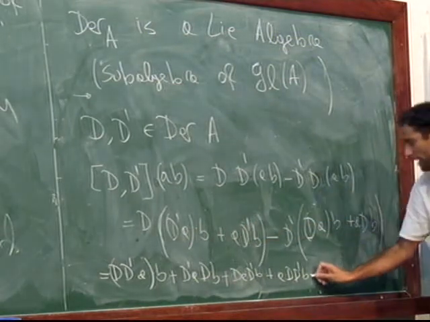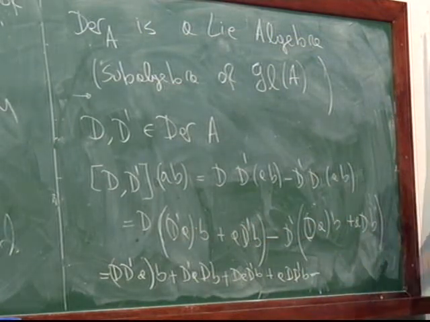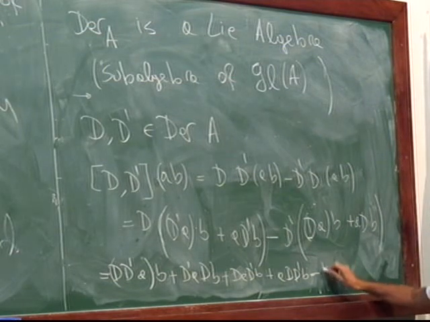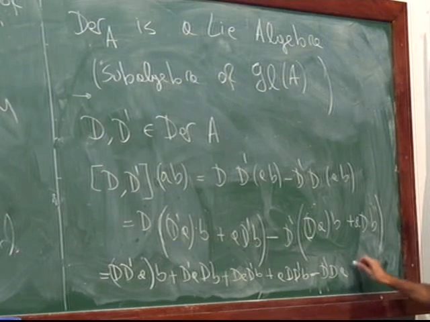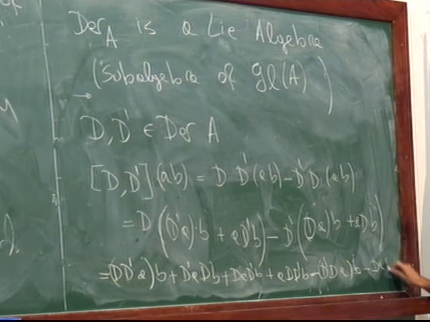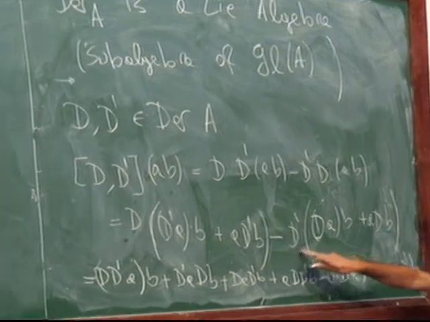Now let's go here. Minus. Well, this is going to go to that part of the board, and this is going to be horrible. Anyhow, let's finish. D prime dA times B minus dA D prime B. That takes care of this guy.